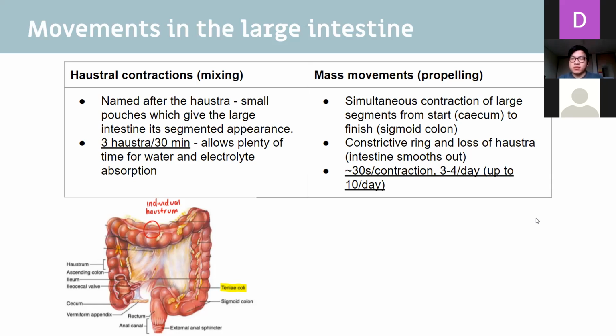As for the mass movements, that's the simultaneous contraction of really long segments from start to finish. The haustra disappear and you instead get a really smooth constrictive ring that pushes all the food forward. It's about 30 seconds per contraction at a rate of about 3 to 4 a day, but up to 10 is normal.